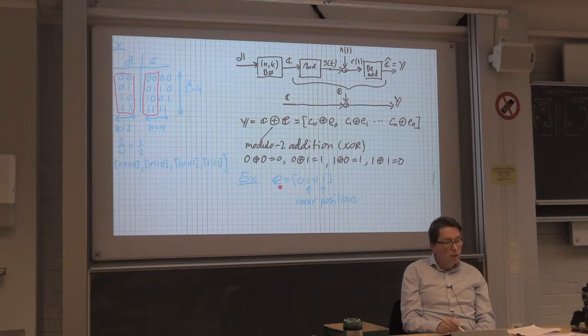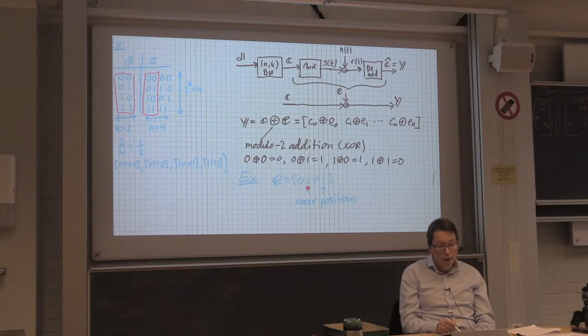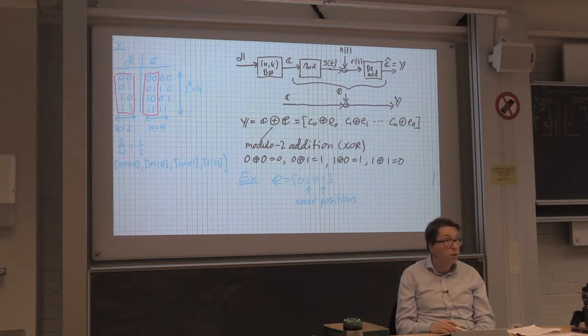If the error pattern is 0101, it means that the received bits are the transmitted code word, except in the second and fourth positions where these bits have been flipped. Okay. So here we also see that since there are two 1s, there are a total of two errors in this transmission of this particular code word.